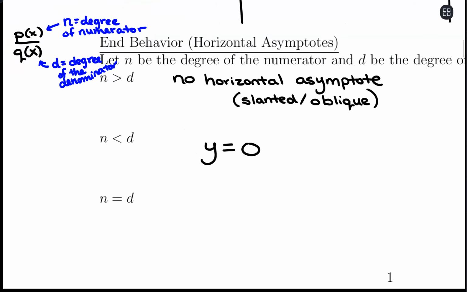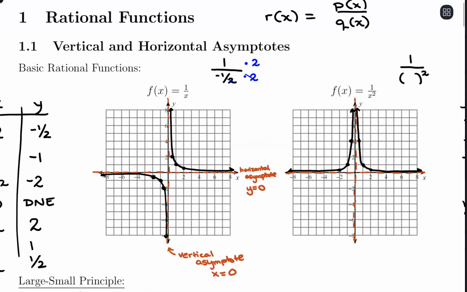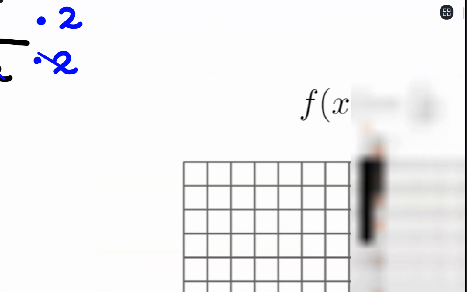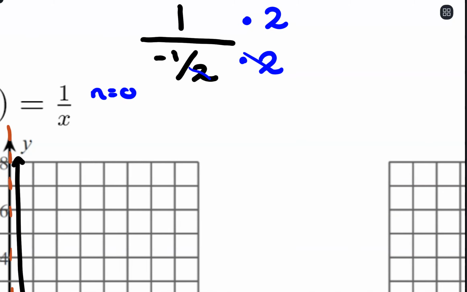And that's exactly the case that we saw with our basic functions up above with 1 over x and 1 over x squared. Look at how the degree of the numerator is 0 for both of these cases, because having just a value of 1 in the numerator doesn't have any degree. For 1 over x, the degree of the denominator is 1, because that x has an exponent of 1.